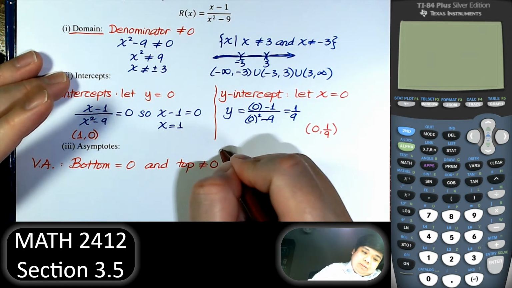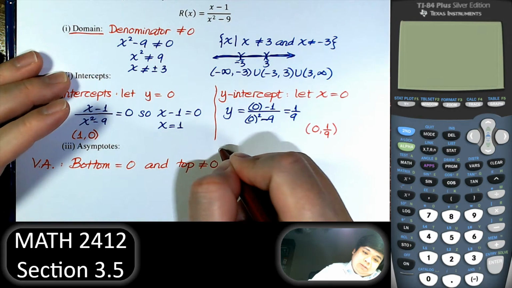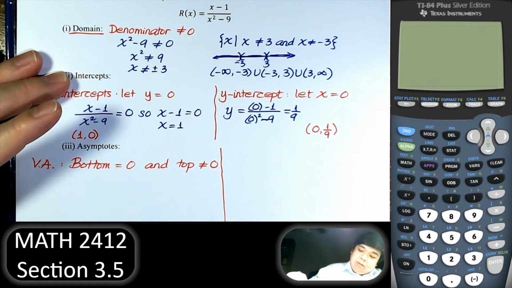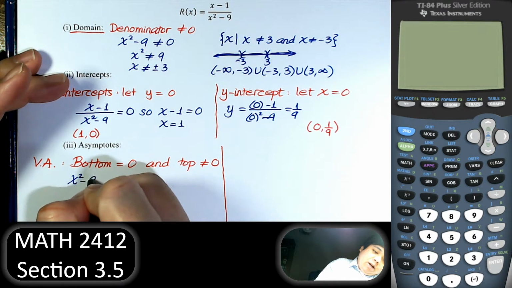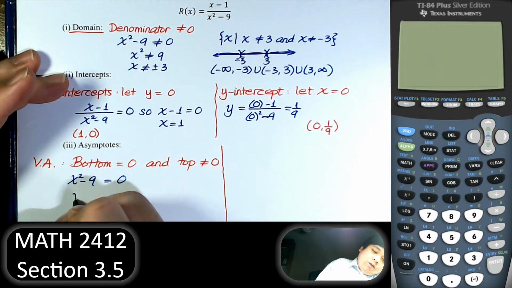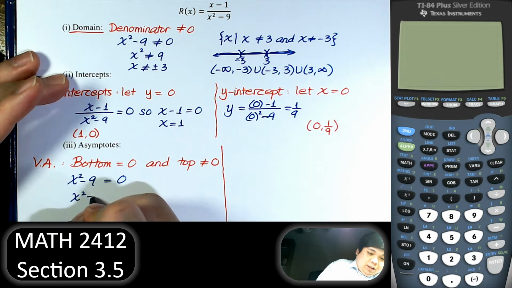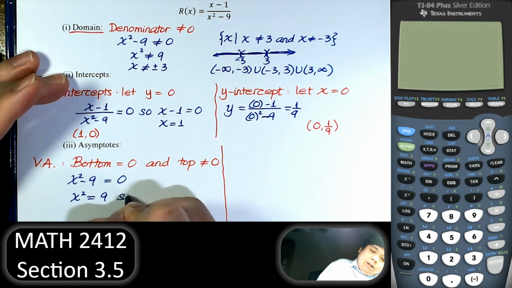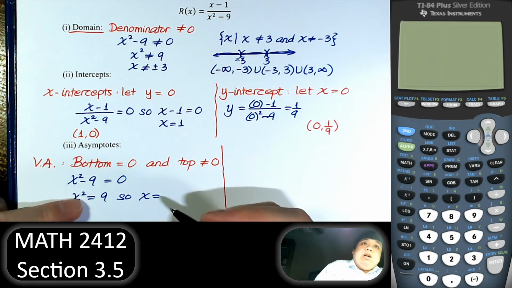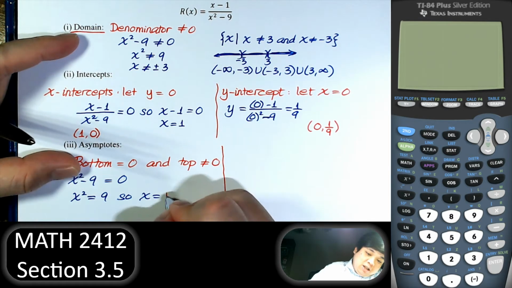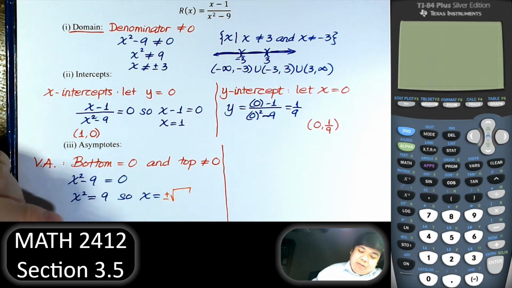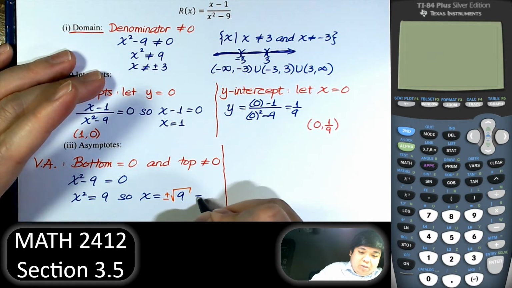So bottom equal to 0, we have x squared minus 9 equal to 0. Solving for x, if we take the square root on both sides, don't forget there's a plus or minus. So we have plus or minus 3.